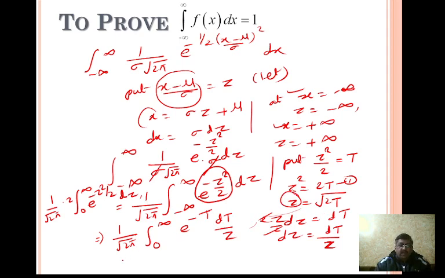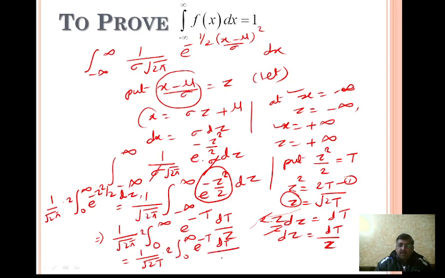So here you will find 1 upon square root of 2t, right? And also this 2 is there, so 2 times, this 2 was missing, right? And integration 0 to infinity, e to the power minus t, then dt upon, what was the value of z?